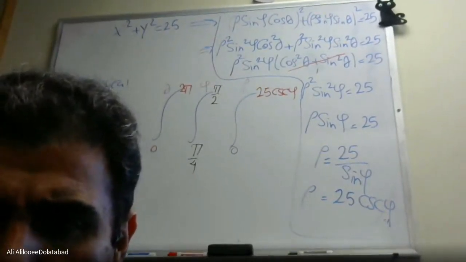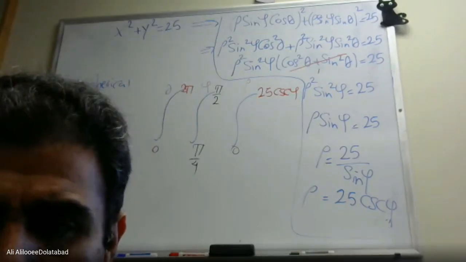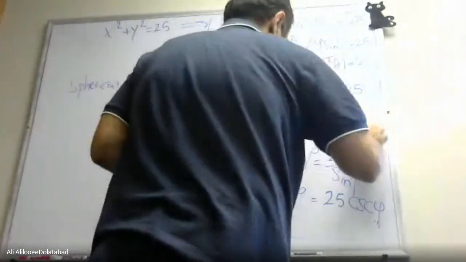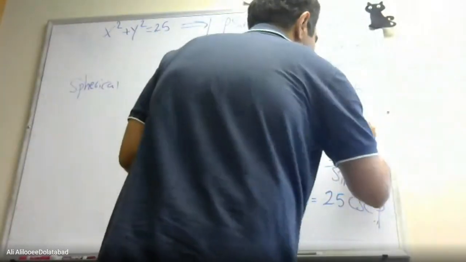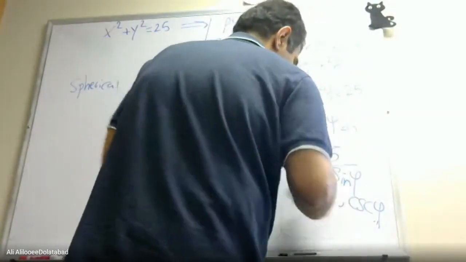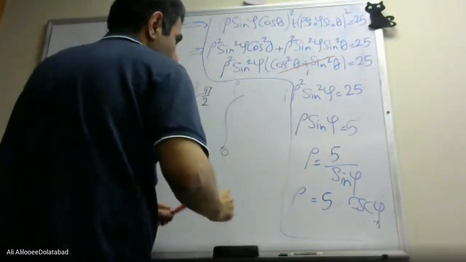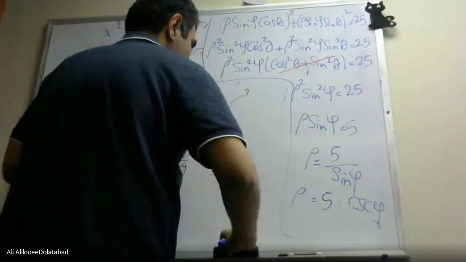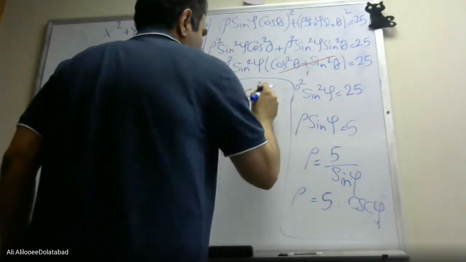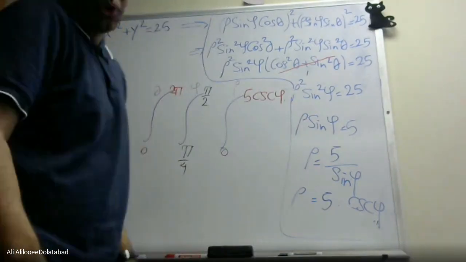Mara, why isn't it 5 cosecant? Oh, yes, sorry about that. Cosecant of phi, my bad.